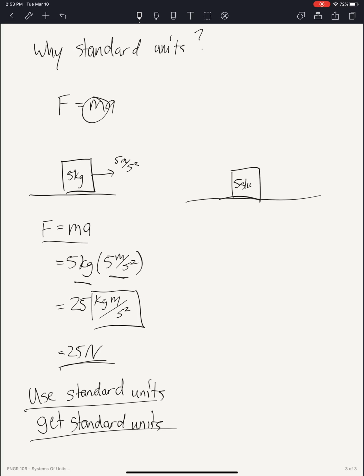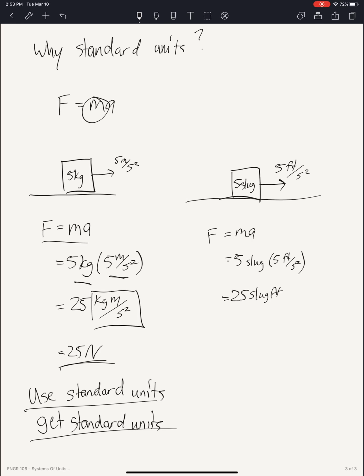And if this has a mass of 5 slugs, and you observe it accelerating to the right at 5 feet per second squared, then it's just true that F equals ma. That's equal to 5 slug times 5 feet per second squared is 25 slug feet per second squared.